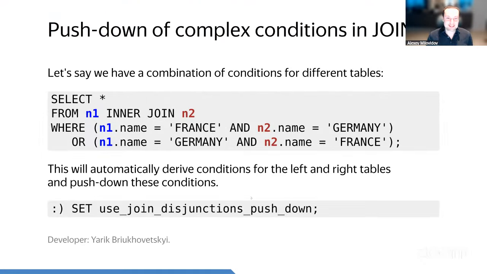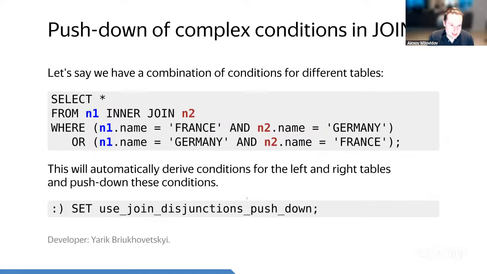And this one is also about joins. Maybe some people should ask when we will stop optimizing joins, but actually we will never stop. This is about condition push down for complex conditions that cannot be pushed down as is.